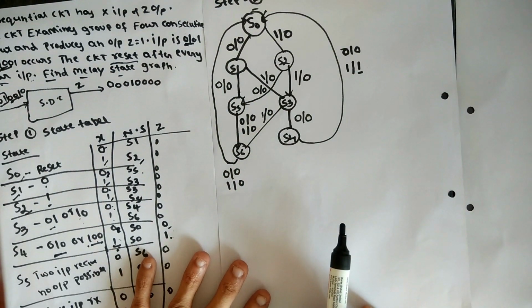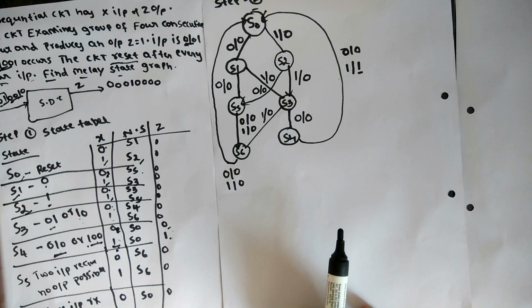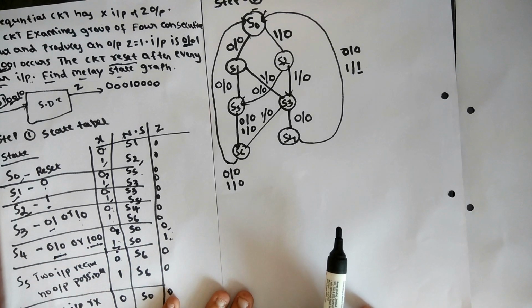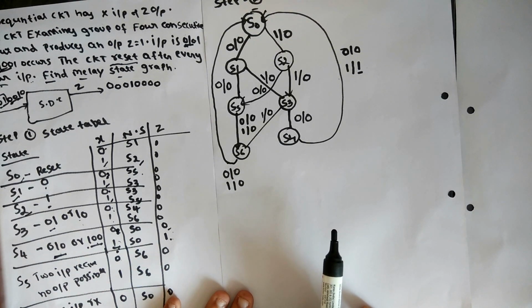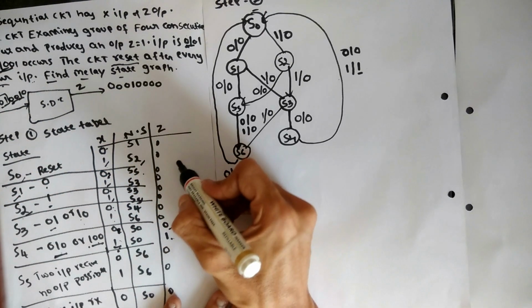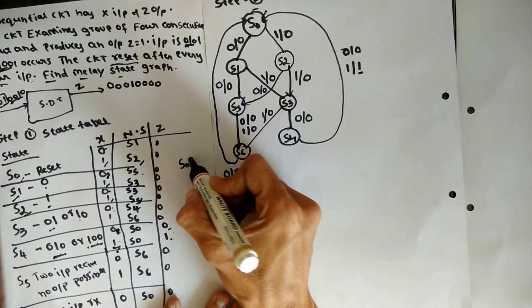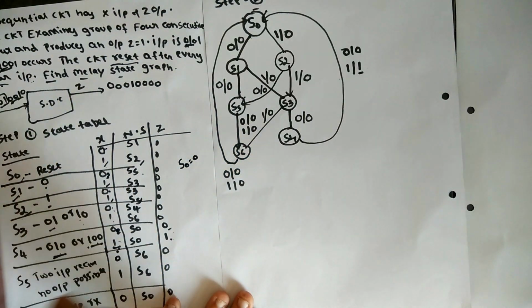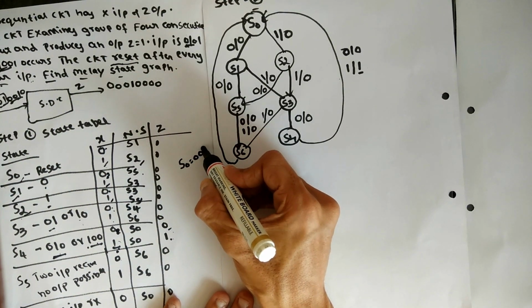If you want to make a particular logic diagram, then with the previous steps I have done, you have to fill in the S0, S1, S2, S3 values. S6 means we cannot do it in 2 bits, so go for 3 bits.